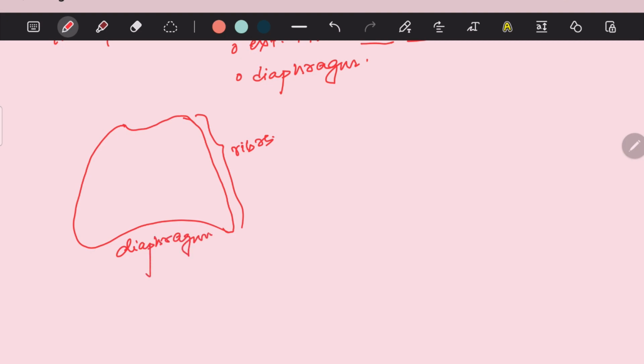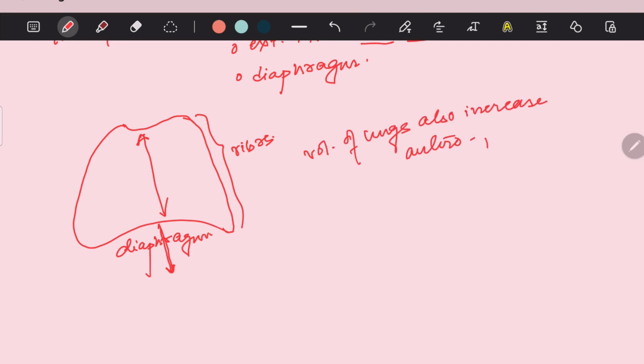Now, when we are inspiring, what happens is the diaphragm contracts, that is, it moves down. As a result, the anteroposterior axis is increased. As a result, the volume of the lungs also increases anteroposteriorly, right?